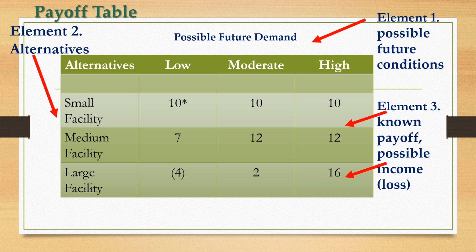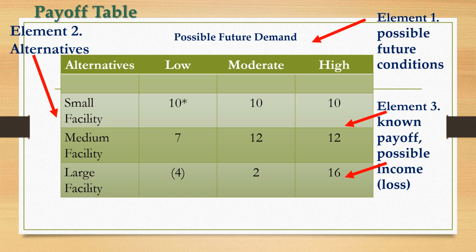And these amounts are based on the cost-benefit analysis. So there will be a cost-benefit analysis under each alternative. So let us say in a small size facility, what are the possible costs and expenses, what will be the possible income, and then the net effect will be 10 million under low, moderate, and high.